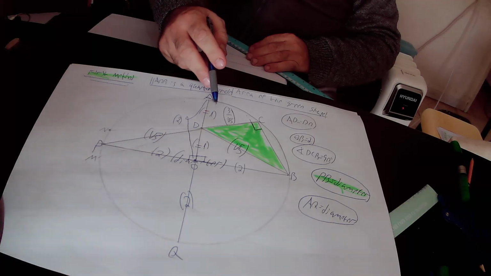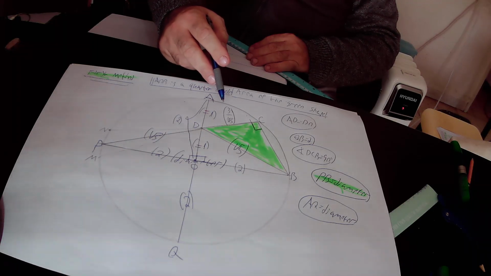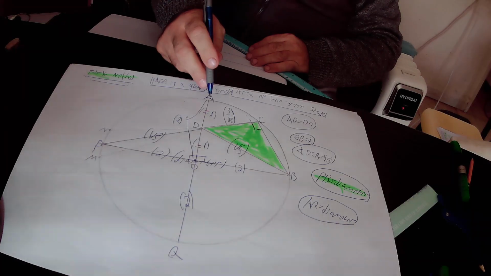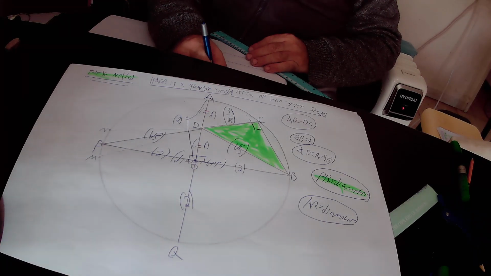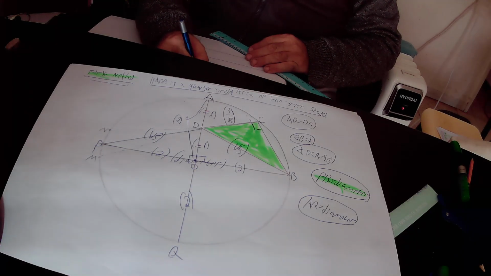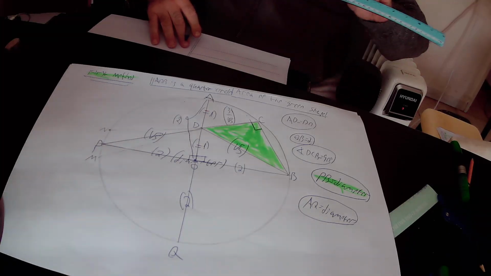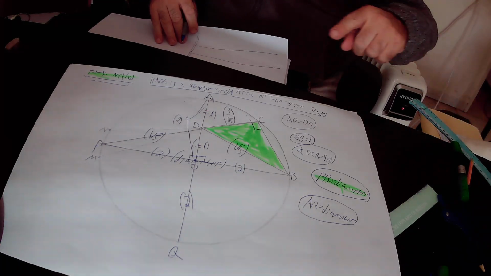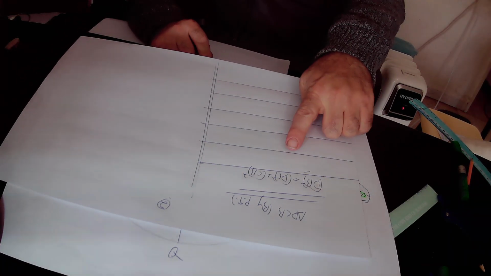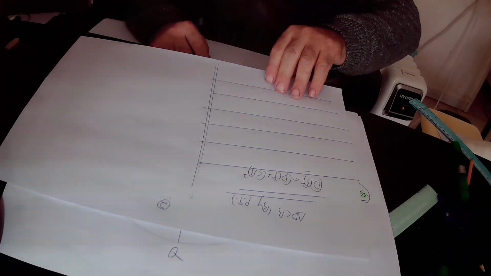In this right triangle DCB, according to the Pythagoras theorem, DB squared, that is the square of the hypotenuse, is equal to DC squared plus CB squared.